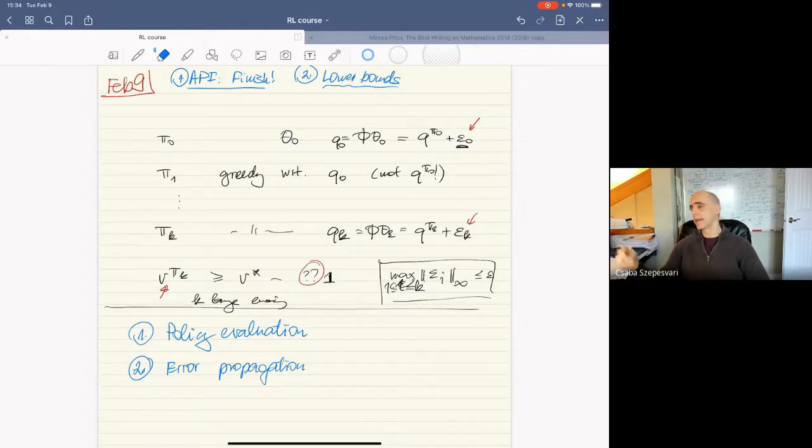We just say that, okay, we just want to get a good policy at the end if it's true that for all the policies, the action value functions lie close to the span of the features. And then what can we do in that case? What would be a reasonable algorithm?